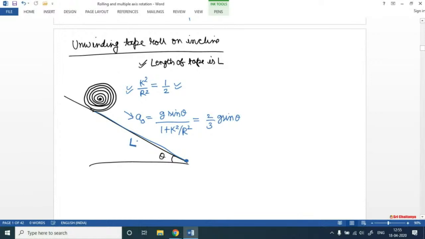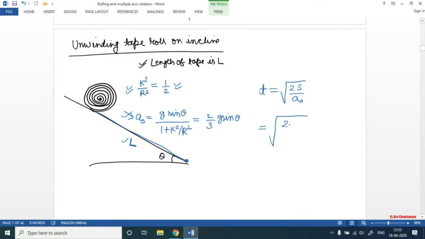Okay, so in that case, we have already established the expression for time. So when this is the acceleration and this is the displacement down the incline, the value of t will be given with the help of this formula, root under 2s by a, or a naught over here.